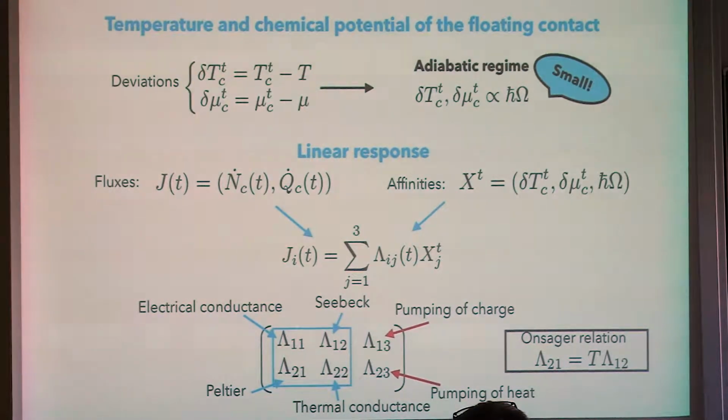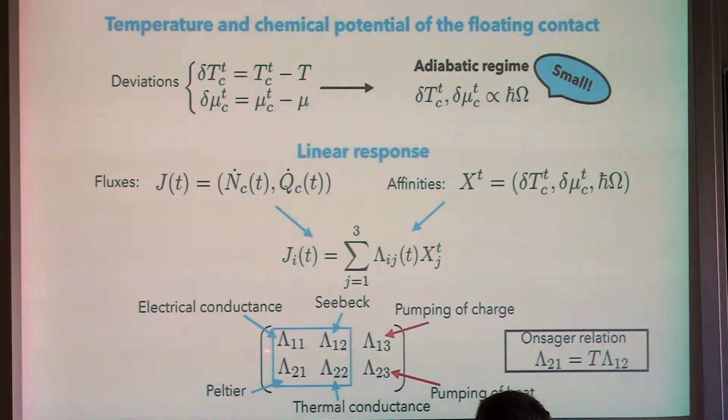And of course, each component of this matrix lambda has a physical meaning. For example, remember that index 1 corresponds to the charge current and index 2 corresponds to the heat. So this line will be related to the charge flux, and the line at the bottom will be related to the heat.